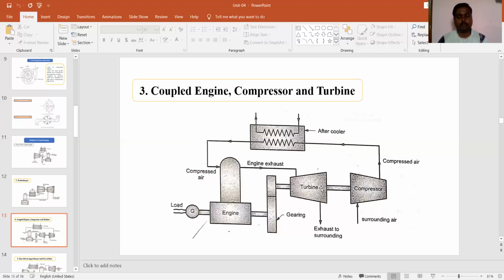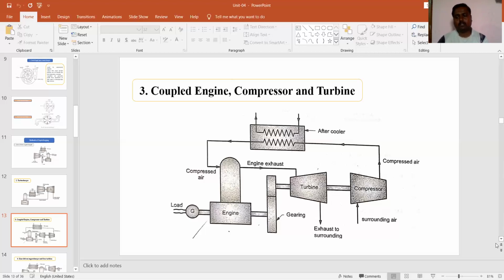In that case, if we require more power, this mechanism will come into action. The output power of the engine, through this gear mechanism, is supplied to the turbine, and this output power is supplied to the compressor, and the compressor develops more compressed air.